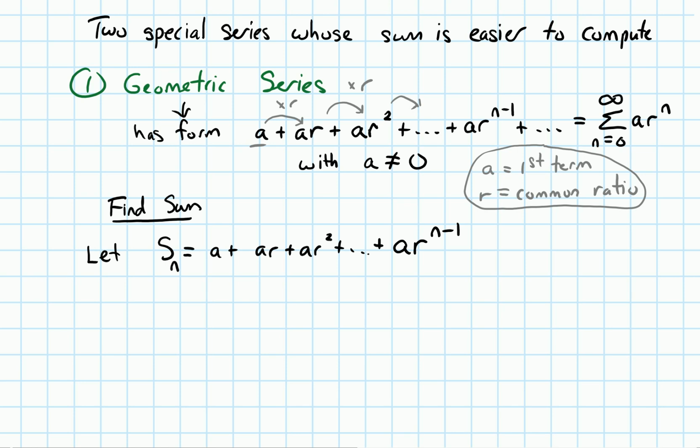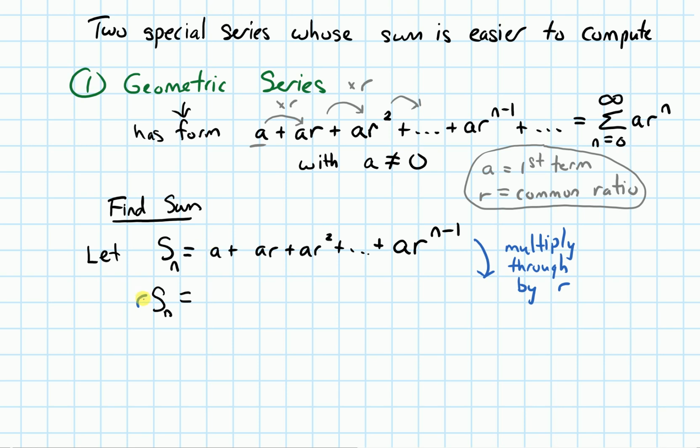What I'm going to do now is multiply both sides by r. I'm going to multiply through this equation by r because it's going to give me another equation that has a lot of terms that are the same as this one, and that's going to be great for canceling.